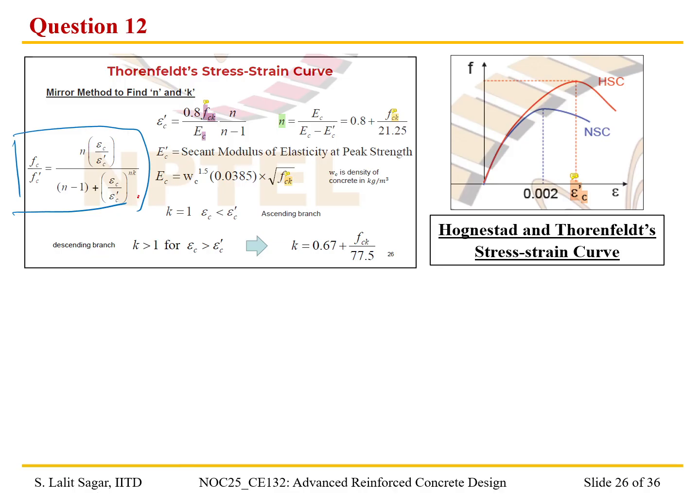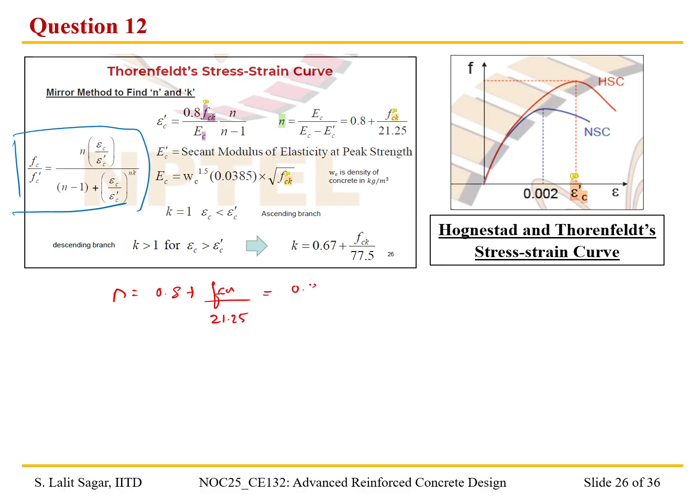n is equal to 0.8 plus fcu by 21.25. Again, please note that this correction has been made by Sir also in his lecture slide, in his weekly presentations. So it is not fck, it is fcu.